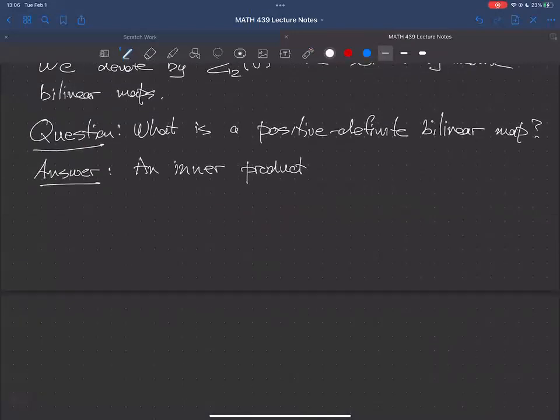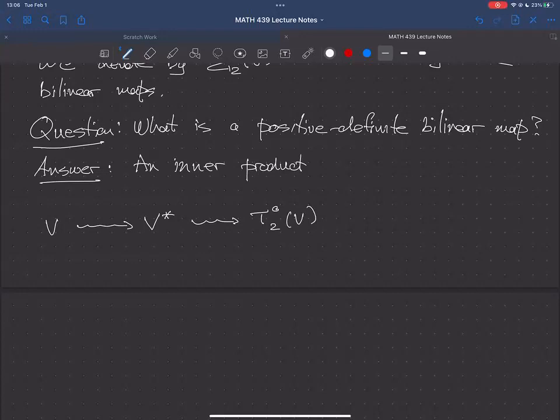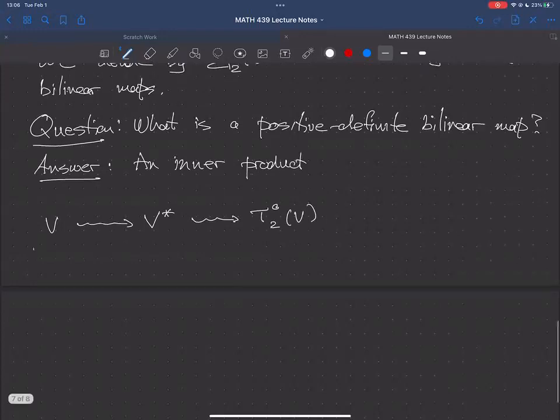Let's try to organize ourselves to give us a little bit of direction here. So we started with a vector space V, and then from V we talked about its dual, and then we talked about bilinear maps. And so what did we do? We took a basis here, and it led to a basis here, which we called the dual basis.